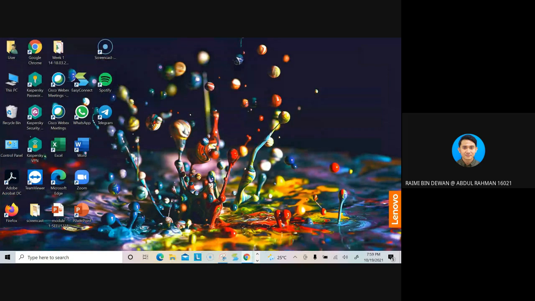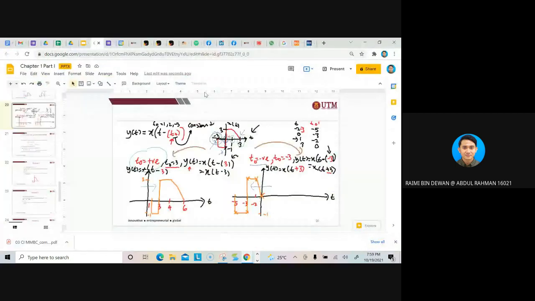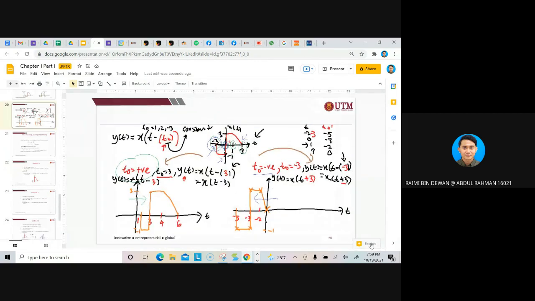I didn't give you the slide initially because I will do some changes, right? So that's why I'm sharing a bit earlier. I noticed some of you were asking for the slides. No worry, it's not that I'm purposely giving you the slide later than it should be. Normally lecturers will give you before, right?